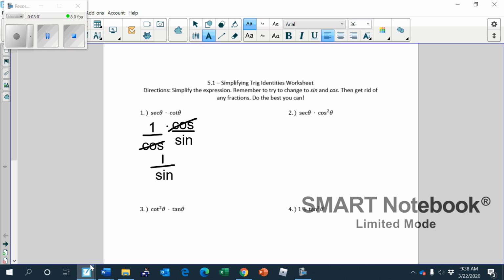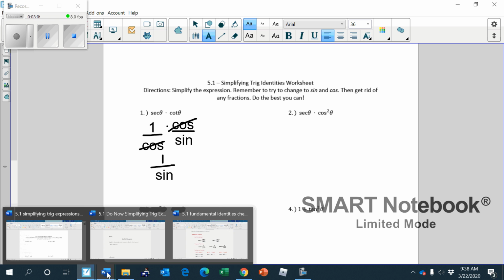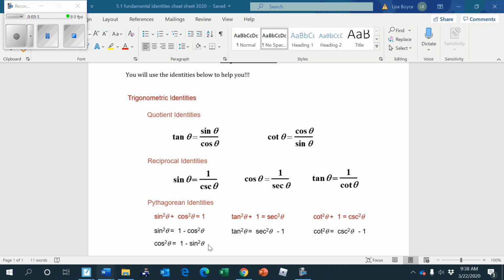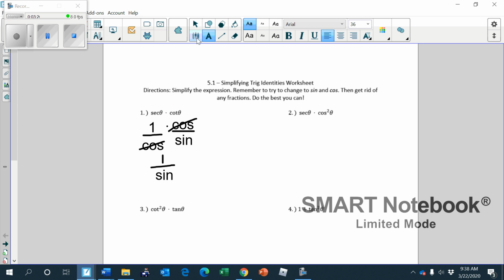We'll go back to your worksheets because we still don't want fractions. If you go back to 1 over sine, my other worksheet had it: sine and cosecant are interchangeable here. 1 over sine is cosecant. We discussed that when we were in school, I don't know if you remember.